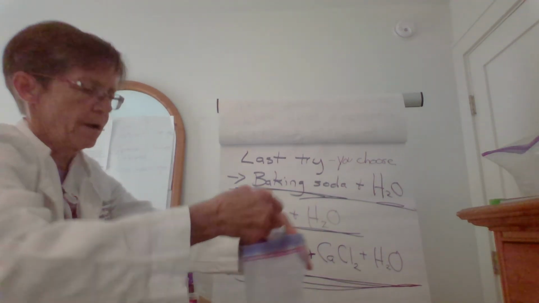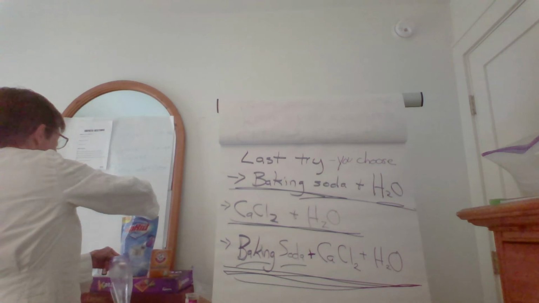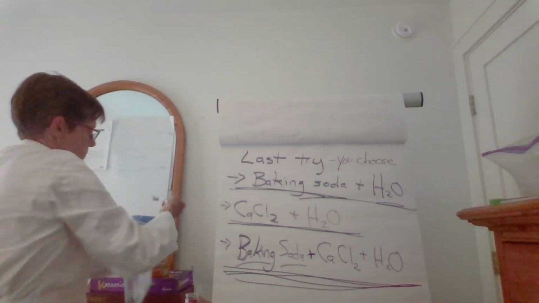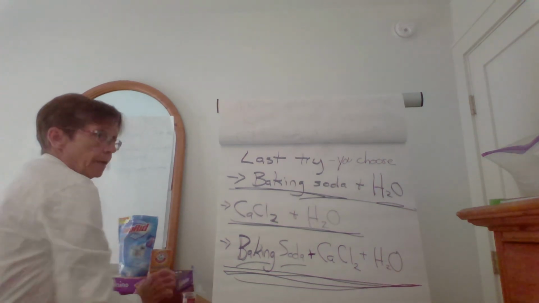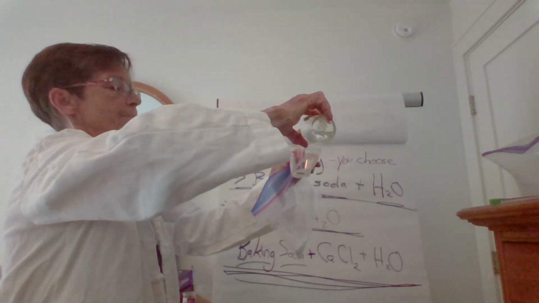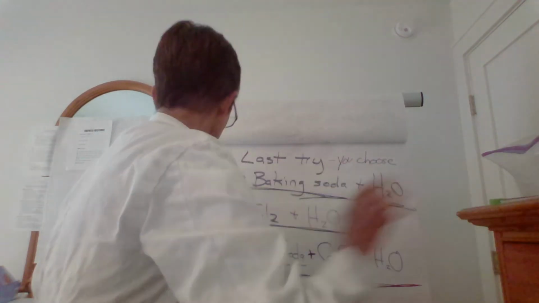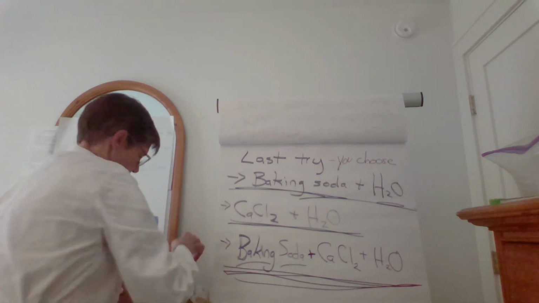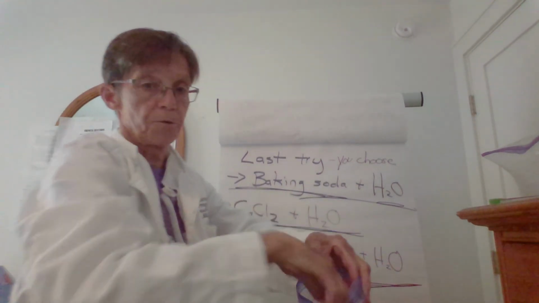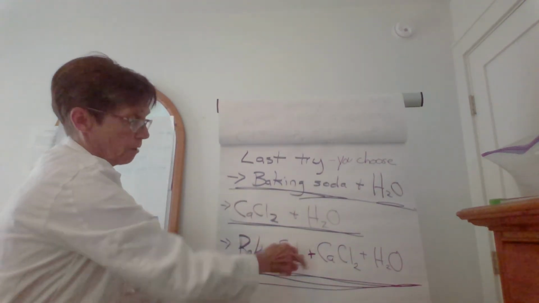Calcium chloride. 1 teaspoon. 2 teaspoons. 10 milliliters of water. Here's the vial. This is number 3. Baking soda, calcium chloride, and water.